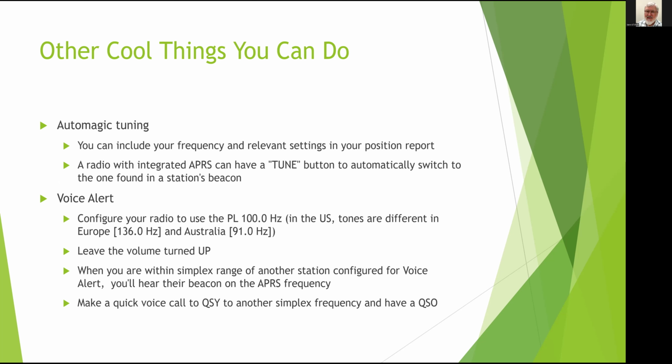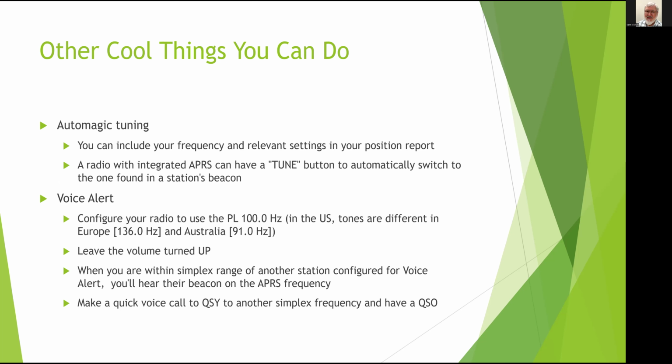So Bob Bruninga came up with this idea that he called voice alert, which is basically, instead of turning your volume down, put a CTCSS code of 100 hertz on that memory, and then all the packets you send out will have that subtone on them. And if your radio receives that subtone, it will break the squelch and you'll hear it. If it doesn't receive that, it won't, right? So you won't hear all the noise packets coming from digipeaters and everything else. But if somebody happens to have their radio on and configured that way, you'll hear their APRS packet.